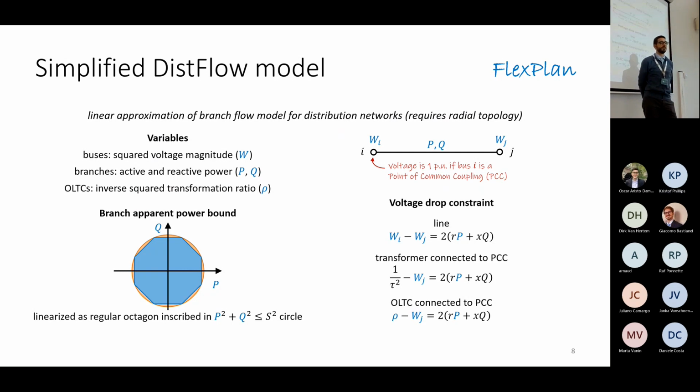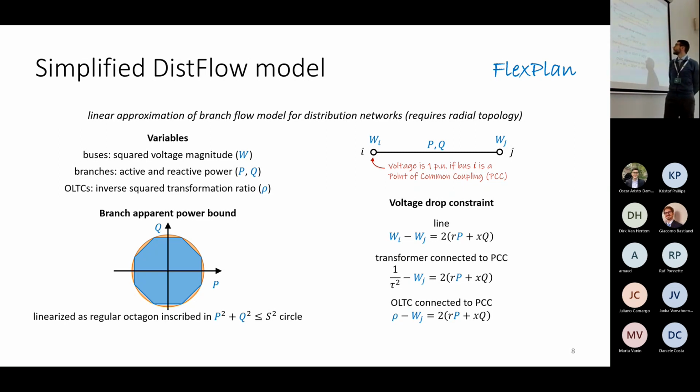It's derived from a branch flow model. The additions here are that in order to keep the problem linear, we had to linearize the branch apparent power bound. So we built an inscribed octagon inside the circle that says that the square of active and reactive power must be less than a constant.